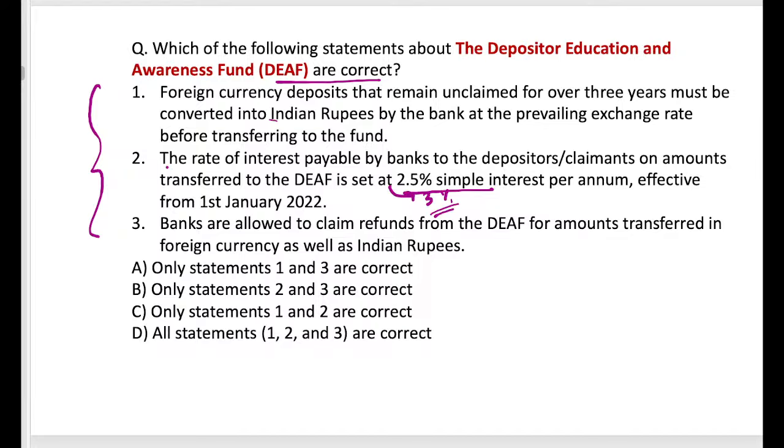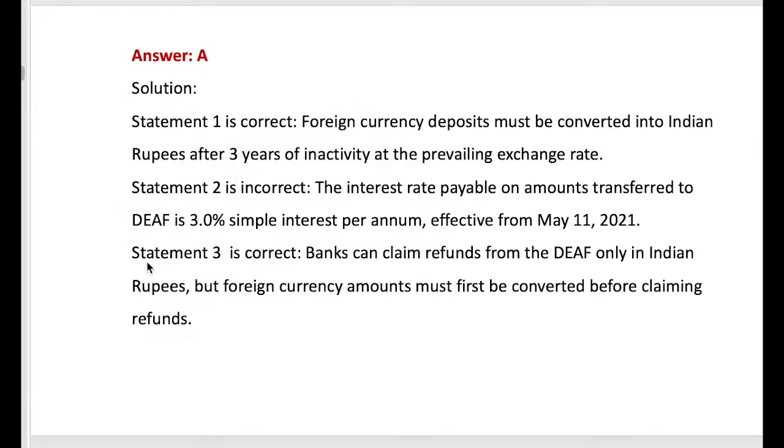Okay, it is 3%. Now this is wrong. 1 and 3 are true, right? So A will be the correct answer for this one. Very good, Priyanka ma'am. So A will be the correct answer for this one. These two statements, and this is 3% simple interest effective from 21. Please do remember this one. I guess people are only confused with this interest rate. Otherwise everyone is confident, right? Very good. Next one.